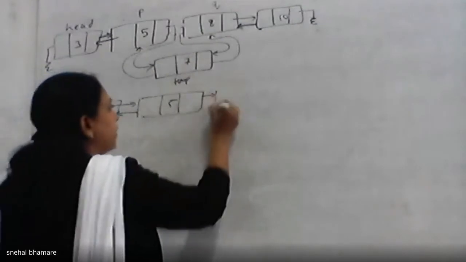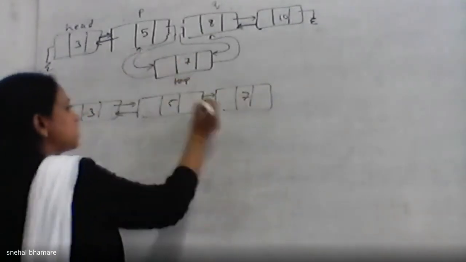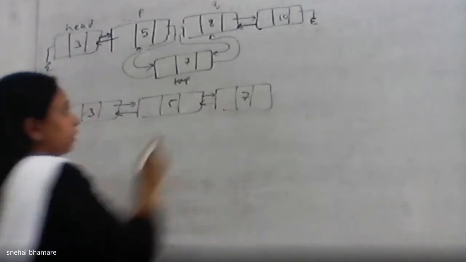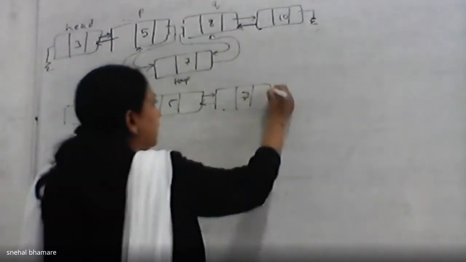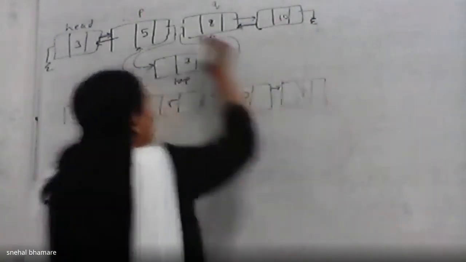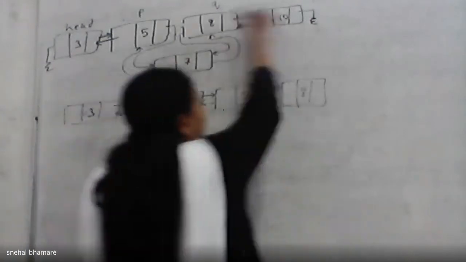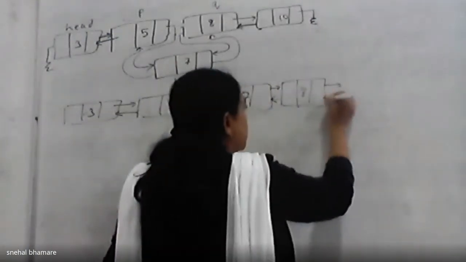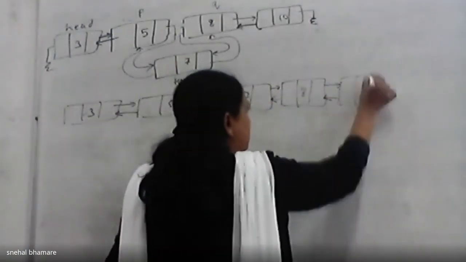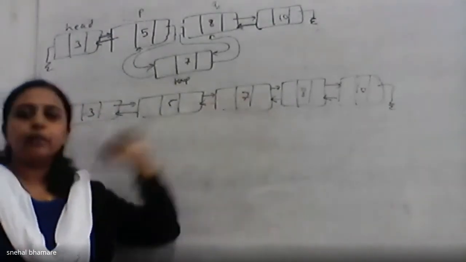So 5 next will come to 7. 7 previous is 5. So this will be 5. 7 next is 8. 8 previous is 7. And the remaining linked list will be as it is. The node will get inserted in between the two nodes.